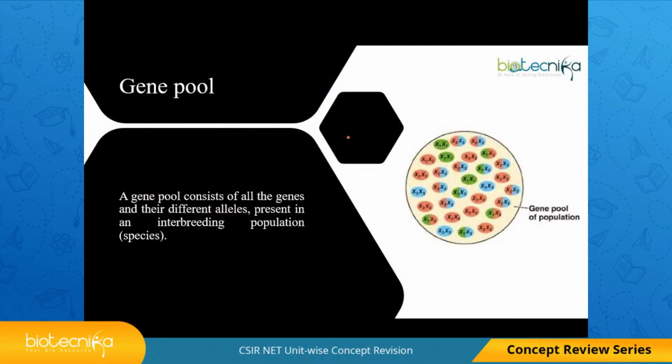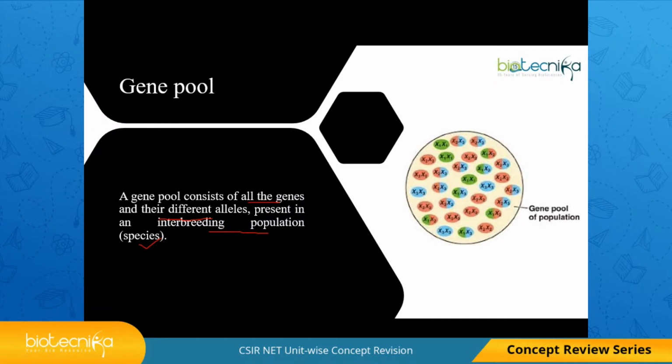So all these differences together come under the gene pool. A gene pool can be defined as all the genes and the different alleles present in an interbreeding population. Interbreeding population, or what we can say, is species. So all the genes, all the different alleles which are present in a particular species population, constitute the gene pool of that species.